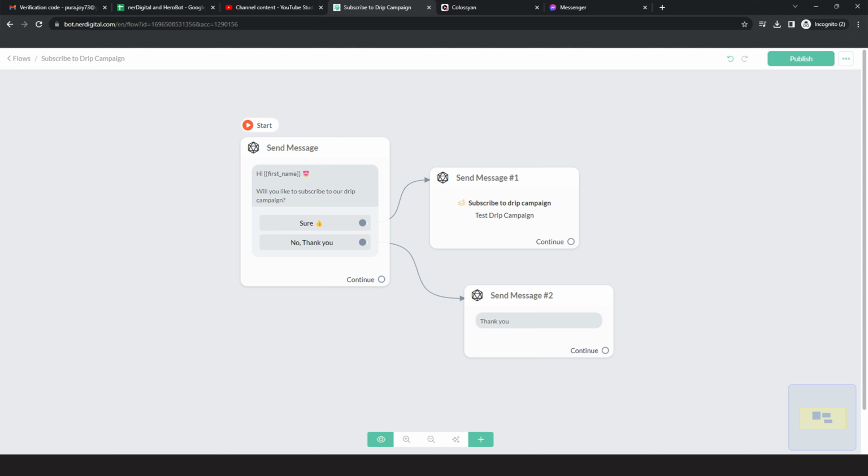Now, let us create a drip campaign that sends a message to the user immediately after the user subscribes to the drip campaign, and sends a follow-up message on day 2 and day 3.